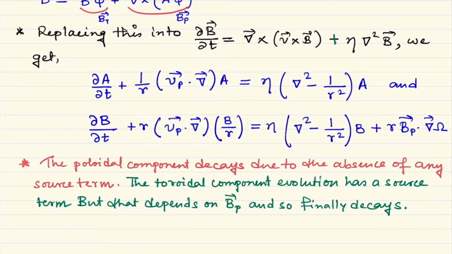So that's exactly saying that we cannot have a self-sustaining kinematic dynamo where both the magnetic and the velocity field are steady and symmetric about the same axis.